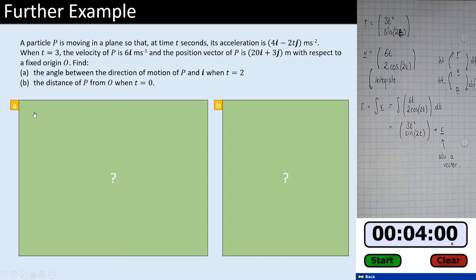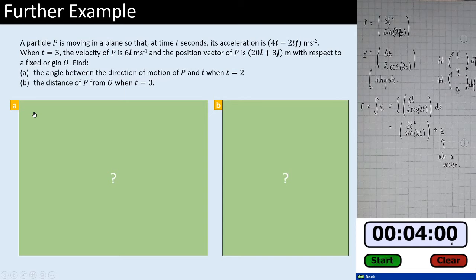And it should always say with respect to a fixed origin, because that's how position vectors work. They are a distance away from a fixed origin point. We want to find the angle between the direction of motion of P and i when t is equal to 2. And we want to find the distance of P from O when t is equal to 0.